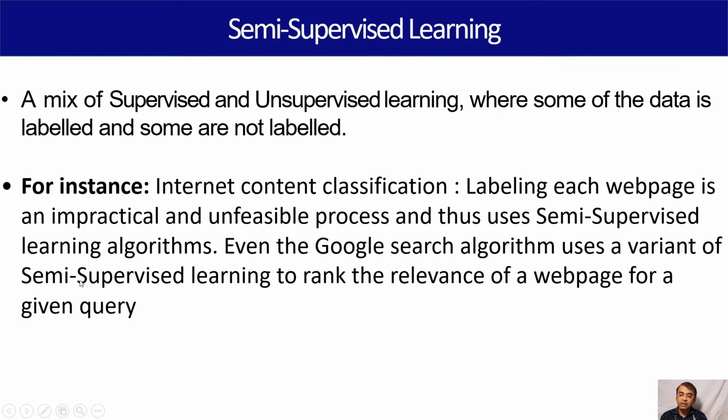For instance, internet content classification. Labeling each web page is an impractical and unfeasible process and thus uses semi-supervised learning algorithms. Even the Google search algorithm uses a variant of semi-supervised learning to rank the relevance of a web page for a given query.